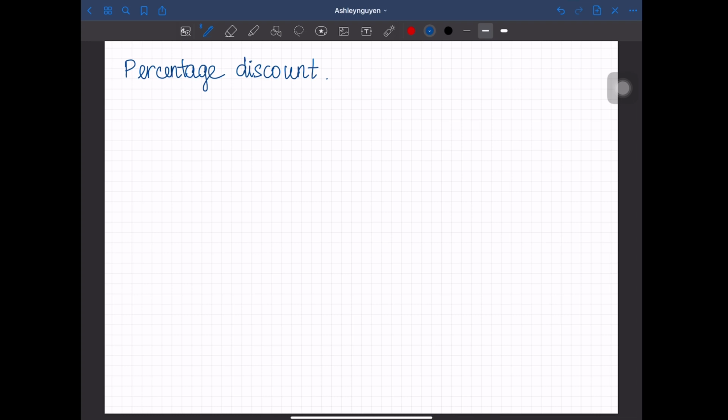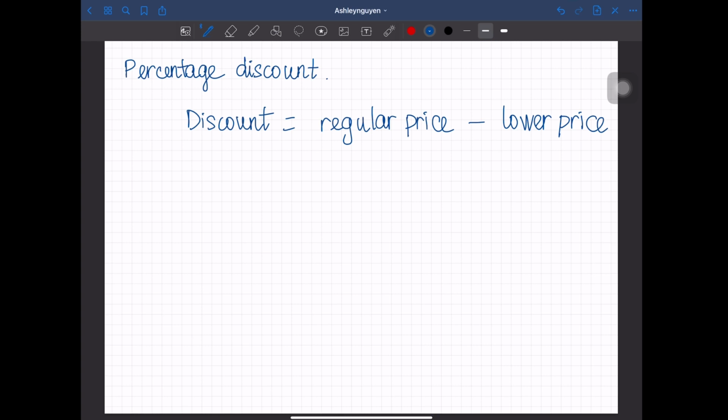This means discount equals the regular price subtract the lower price. You need to remember that it must be the same item.